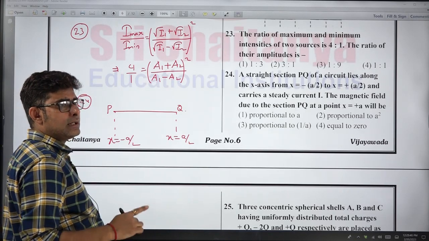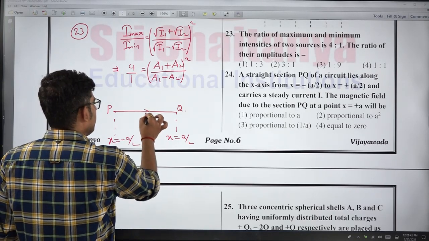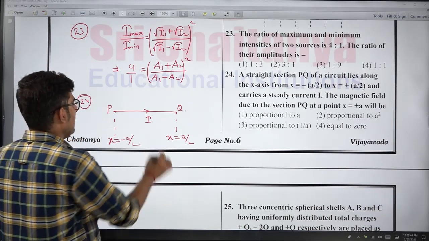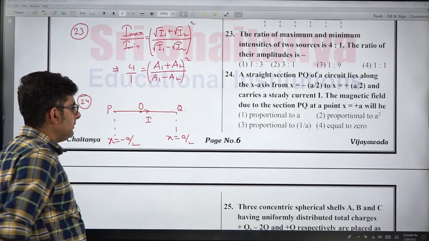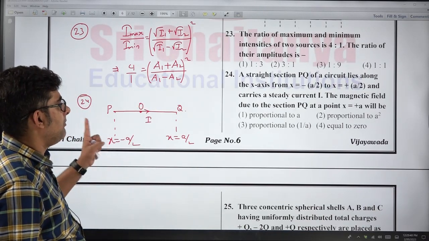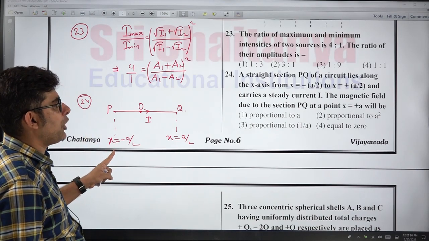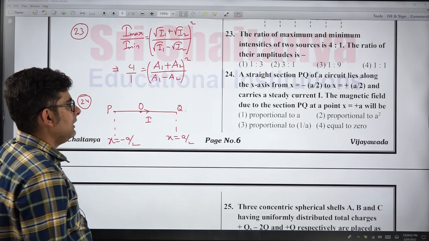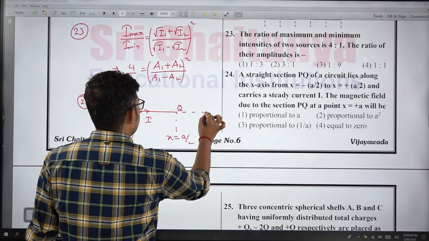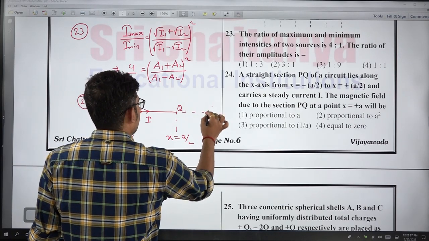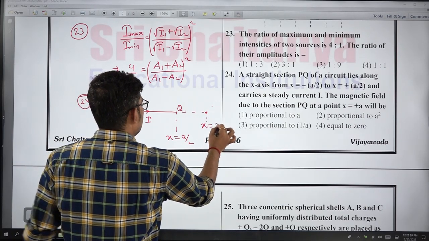And it is carrying a current also. Okay, let's take the current like this. Now here there will be the origin in between. Now they are asking the magnetic field due to the section PQ at a point x equals plus a. If I see, the point x equals plus a will be here.